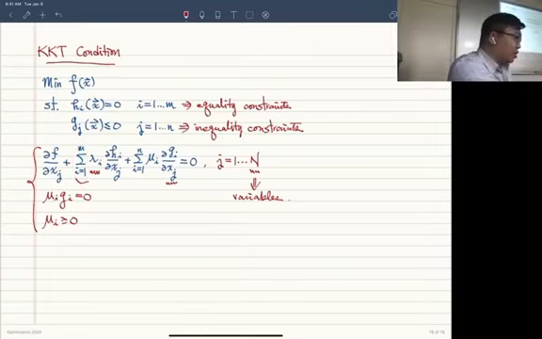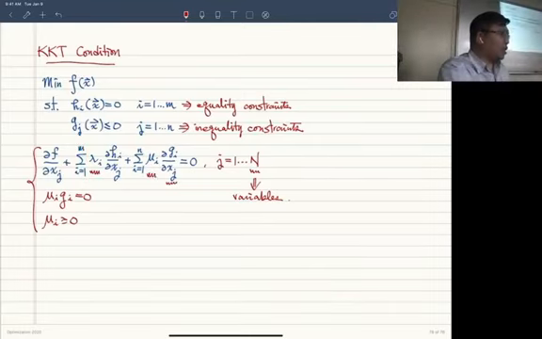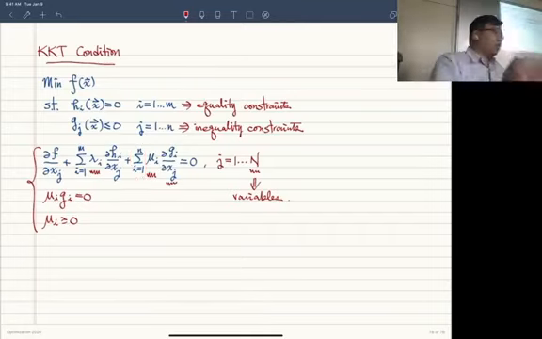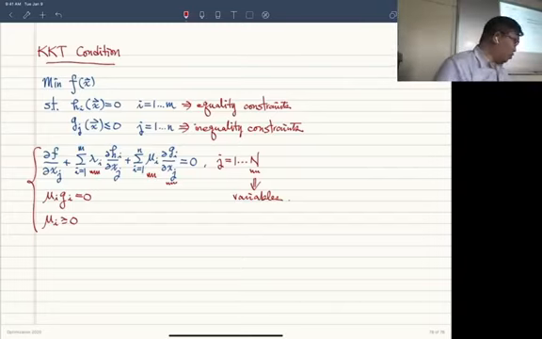And the number of your mu is the same as the number of your inequality constraints, so your summation goes from 1 to n. So this is the review of what we have done in the past 2 weeks.